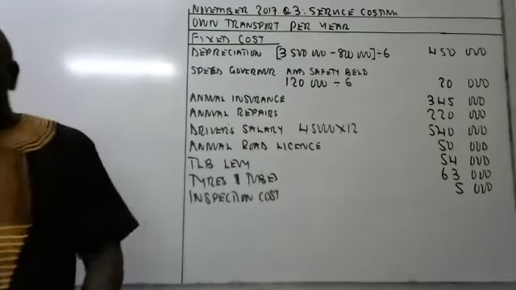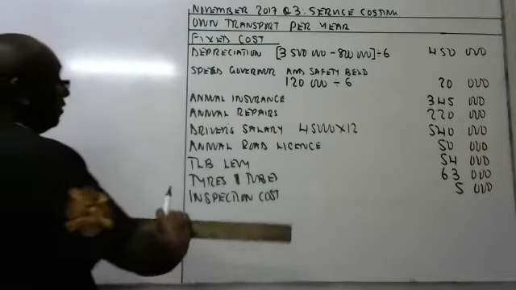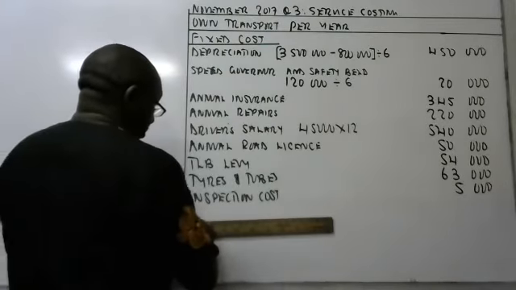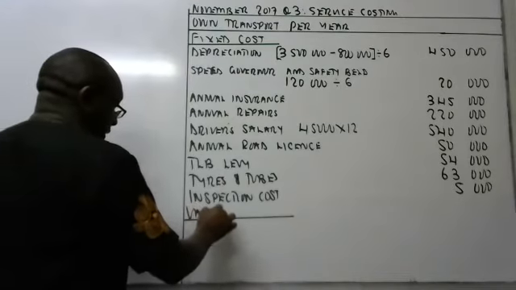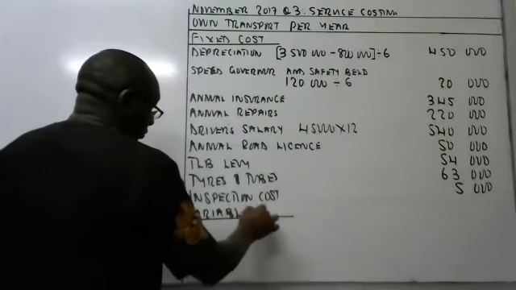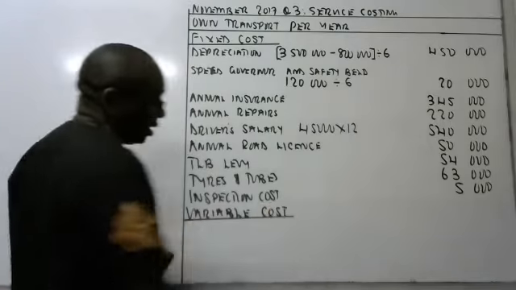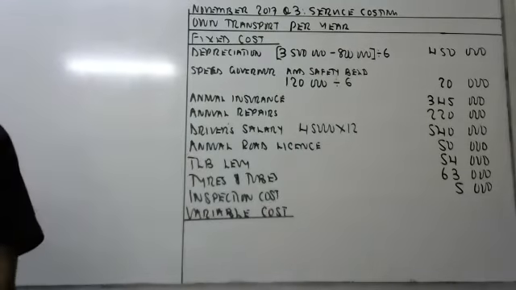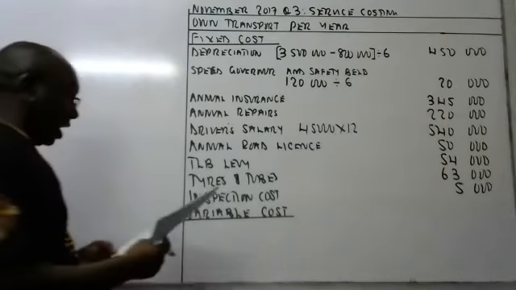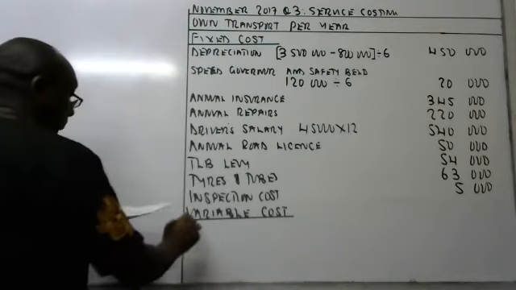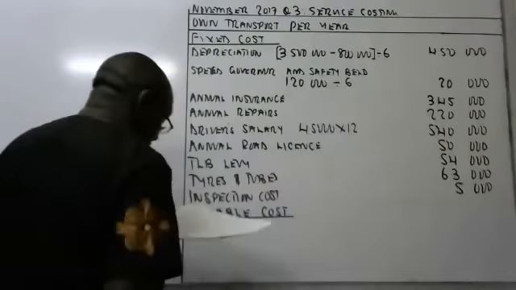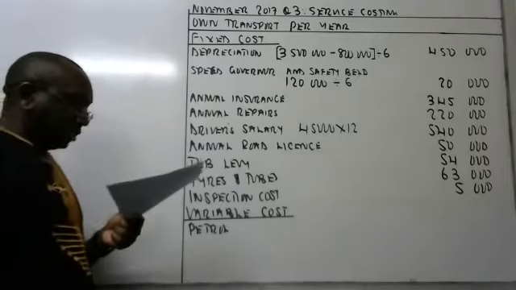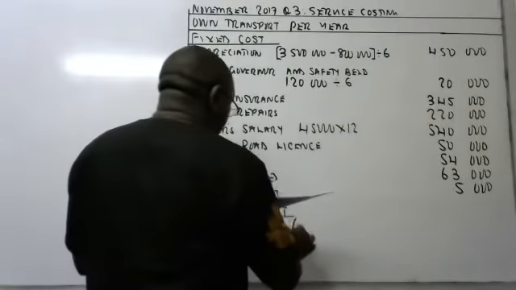I think that is all for the fixed cost. So we bring the variable costs now. And the variable cost that is there is petrol. And petrol, we are told it is 68 per liter.